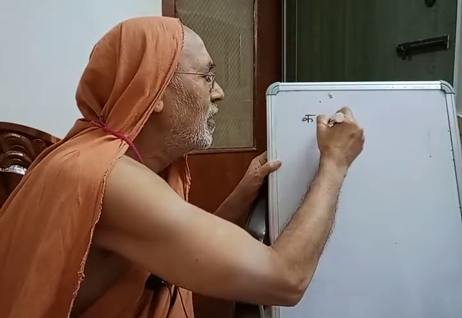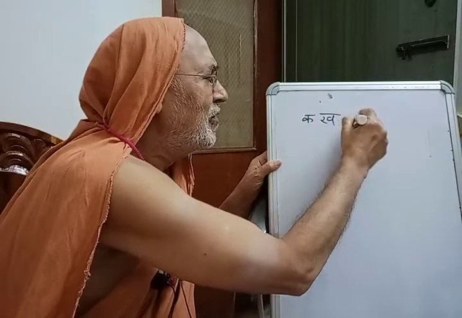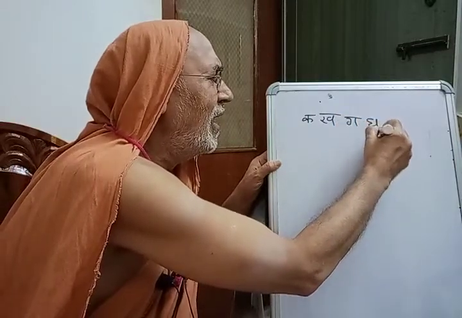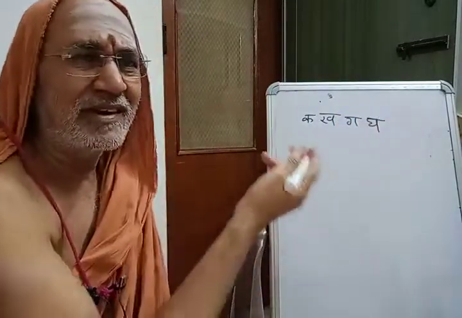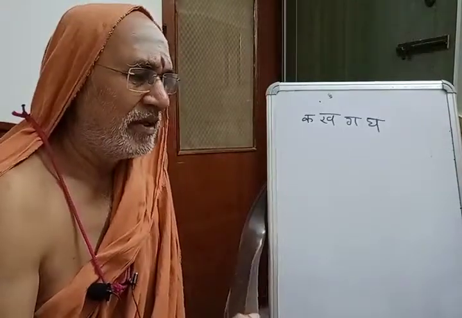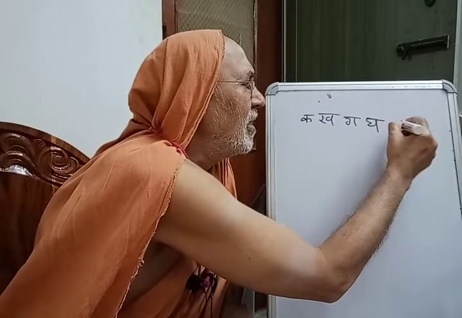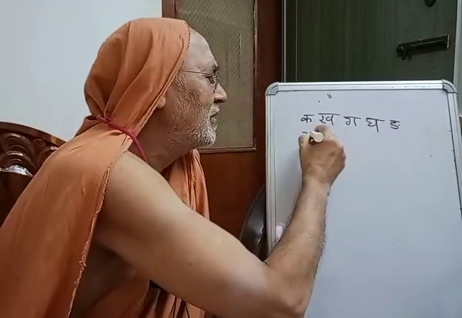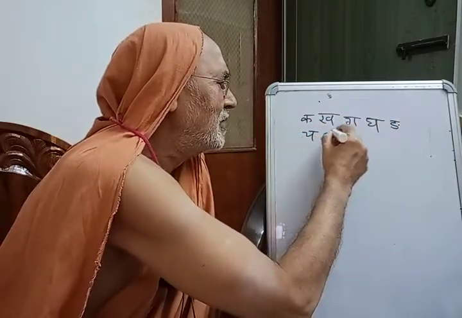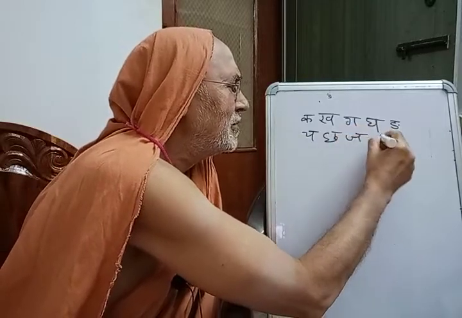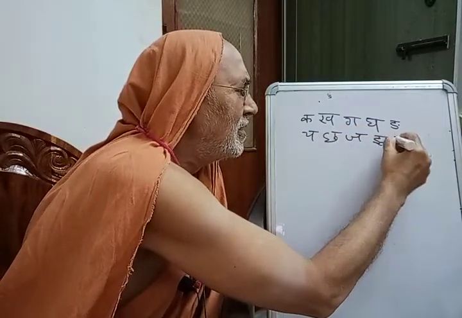Ka, Kha. Since you know them already, I am writing in small letters. Since you can recognize the letters already, you need not read them because you already know them. Ka, Kha, Ga, Gha, Nga. Cha, Chha, Ja, Jha, Nya.